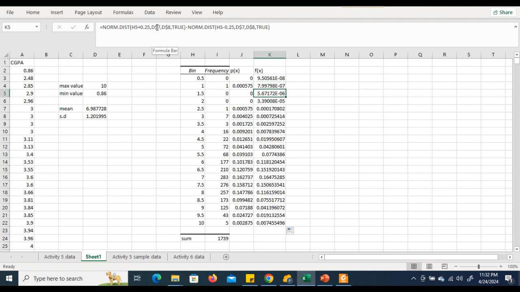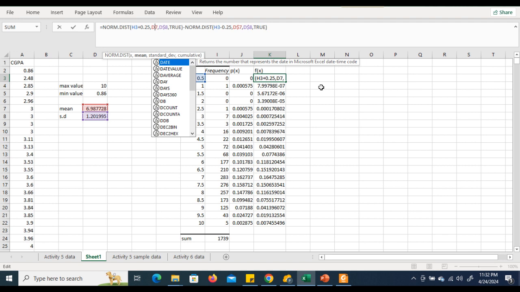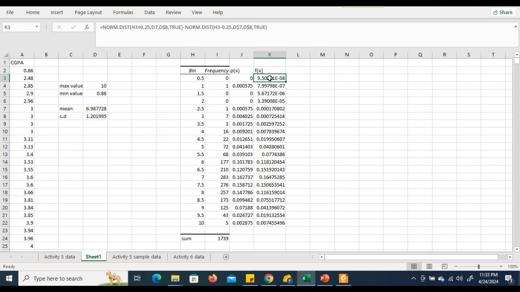But if we are not using the dollar sign, for example, here I remove this dollar sign, then what will happen? In that case, here we have D7. When I drag this particular formula to the next one, you can see it becomes D8. So why have we used this dollar sign here?